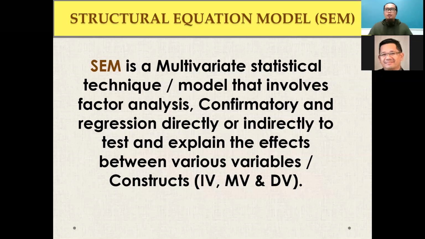We can also use SEM to investigate indirect effects by applying moderating and mediating variables. For the indirect relationship, we have three variables: independent variable, mediating variable, and dependent variable.